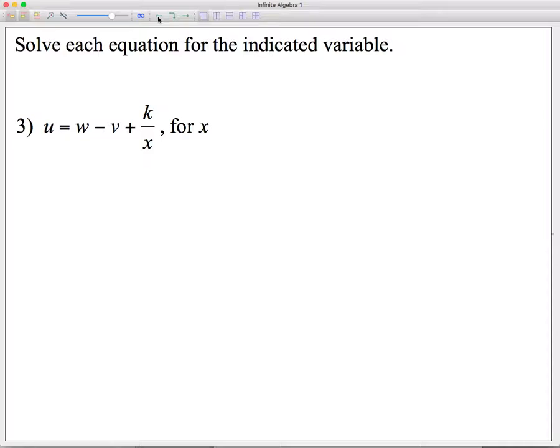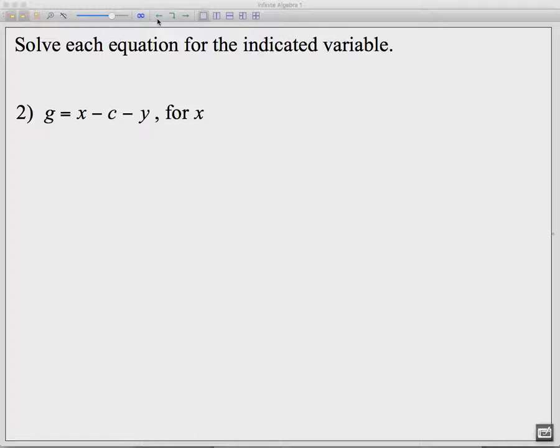Let's take a look at number 3 here, and this is also kind of a trickier one. Maybe let's go to 2, and I'll come back to number 3. So again, we're solving for x. We have two variables on the right side that we need to cancel. Both are being subtracted, so I'm going to add c to both sides, and while I'm at it, I'm going to add y to both sides.